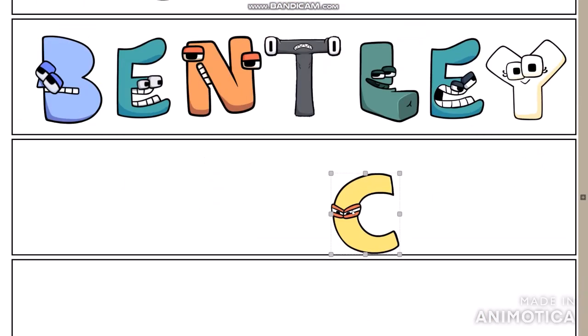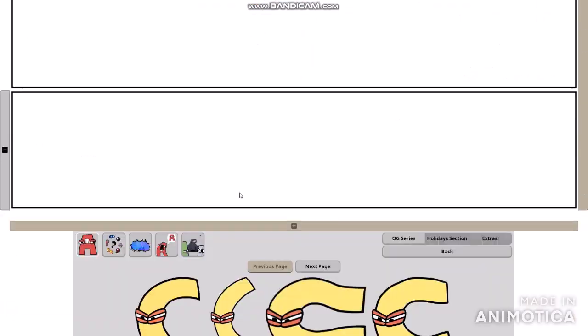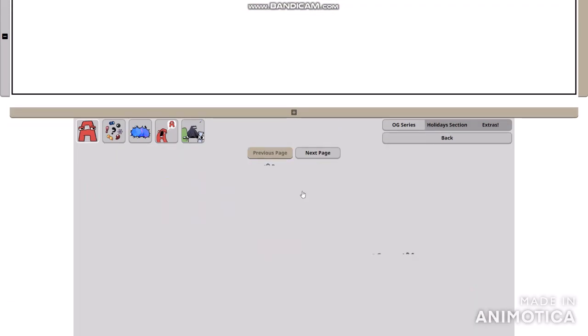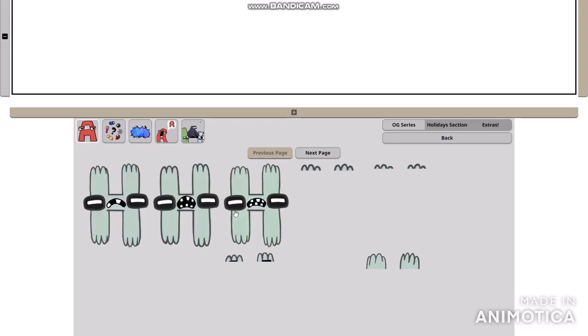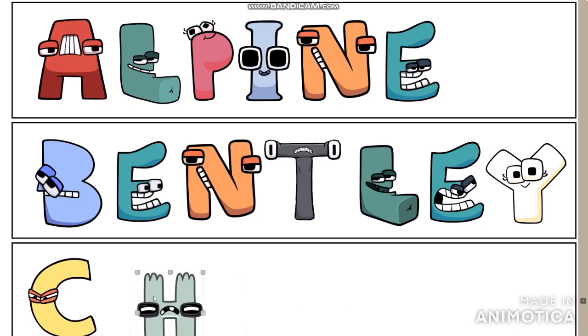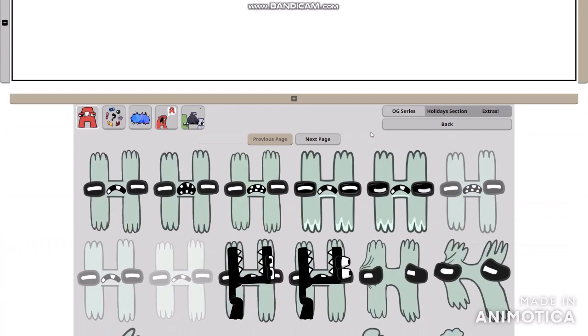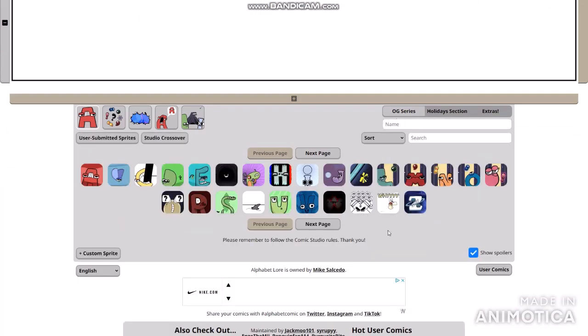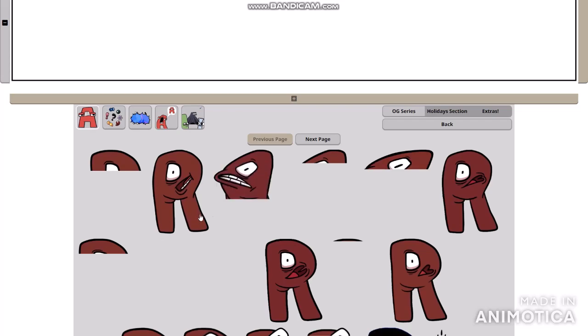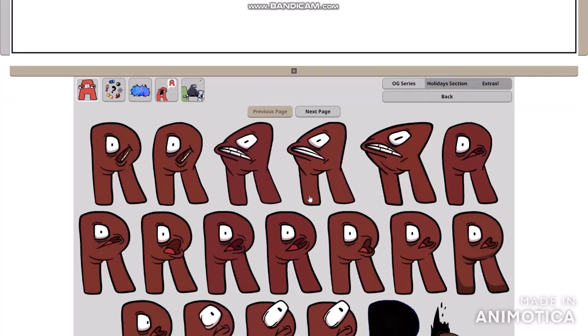Let's go for the letter C and the letter H for Harry Zombie as well. I think this isn't going to be just like this. And let's go find the letter R. I didn't mean to see this crazy thing.